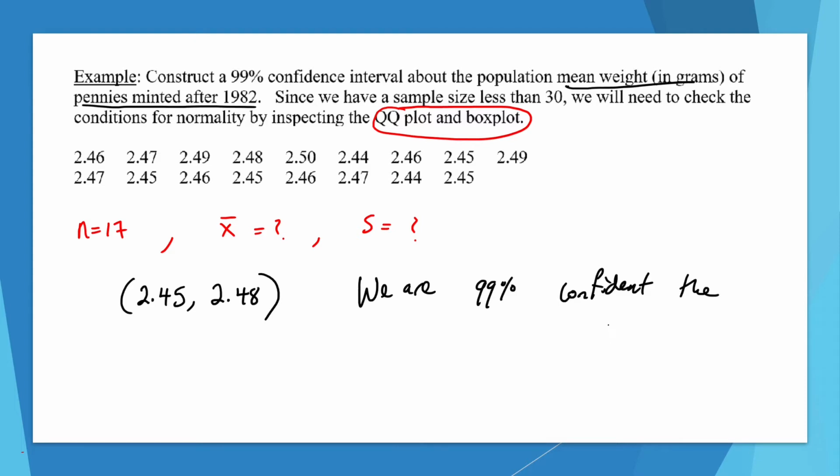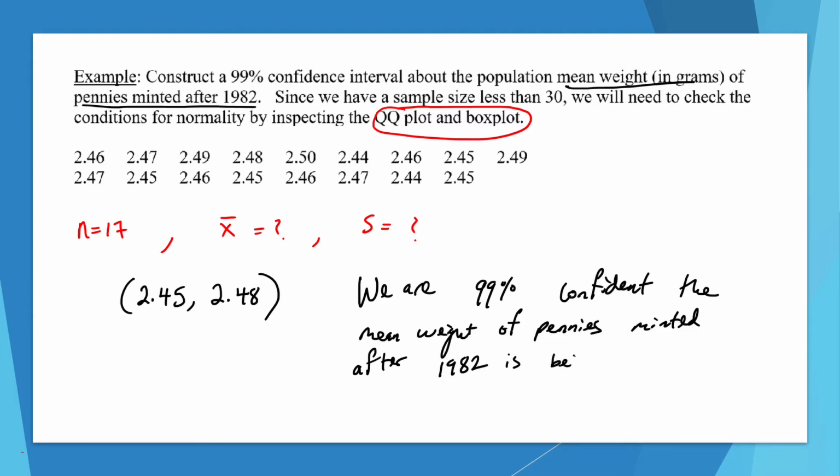We are 99% confident the mean weight of pennies minted after 1982 is between, and we'll put our lower limit and our upper limit, between 2.45 and 2.48, don't forget the units, grams. So we are 99% confident the mean weight of pennies minted after 1982 is between 2.45 and 2.48 grams.